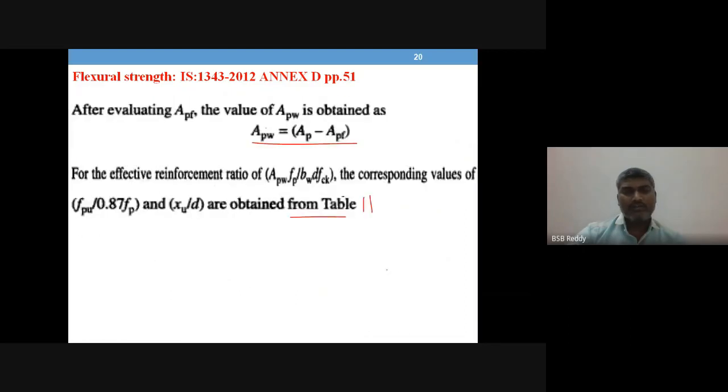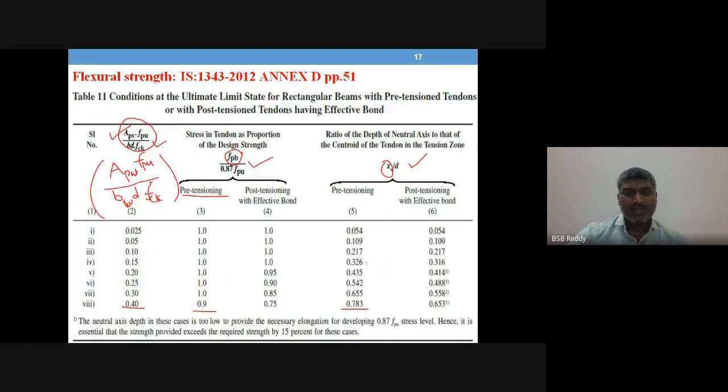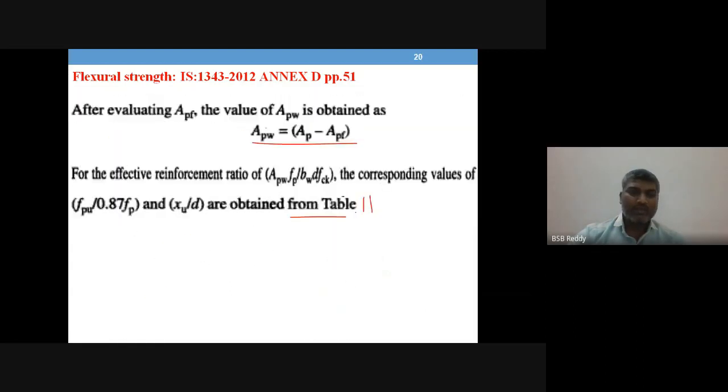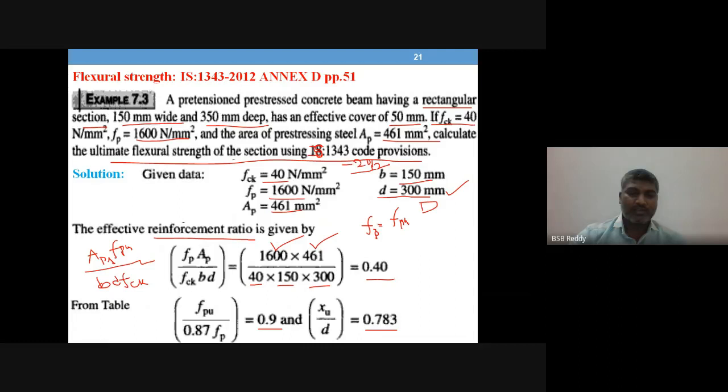Okay, so always use page number 51 to read these values of FPB divided by 0.87 FPU. Okay, so there is a little difference in the codal notations.